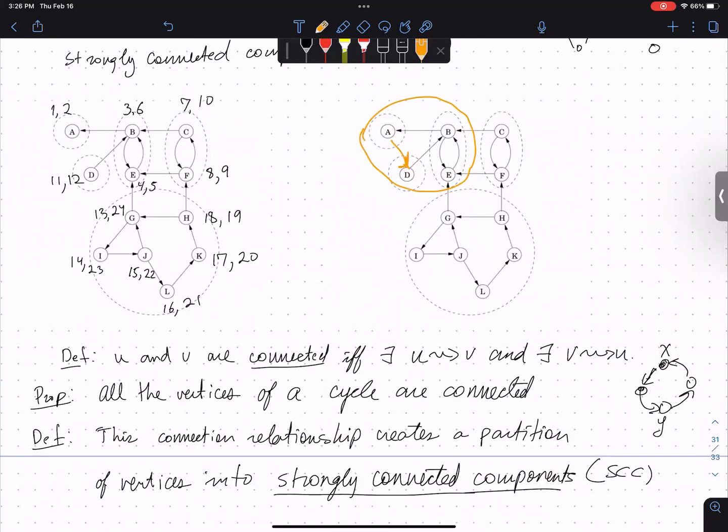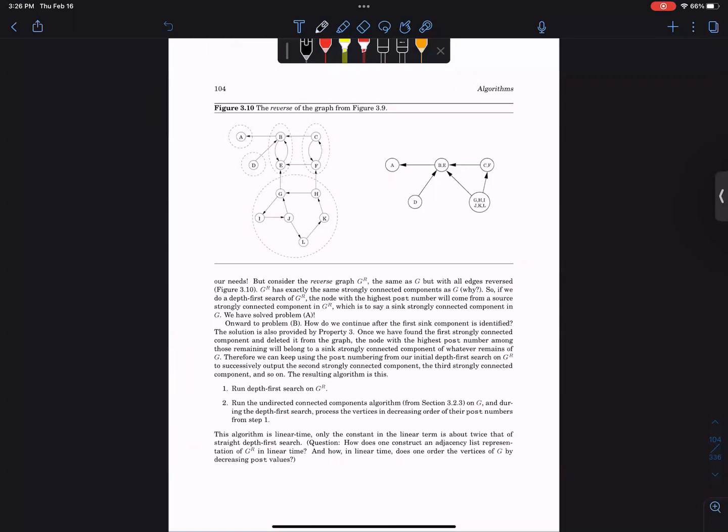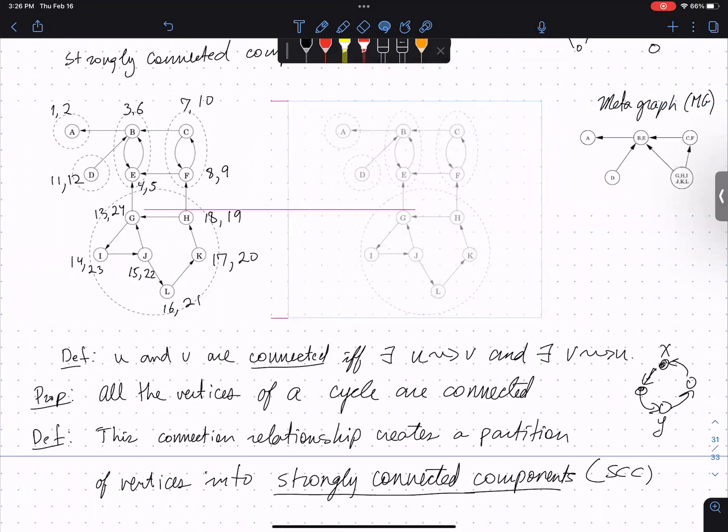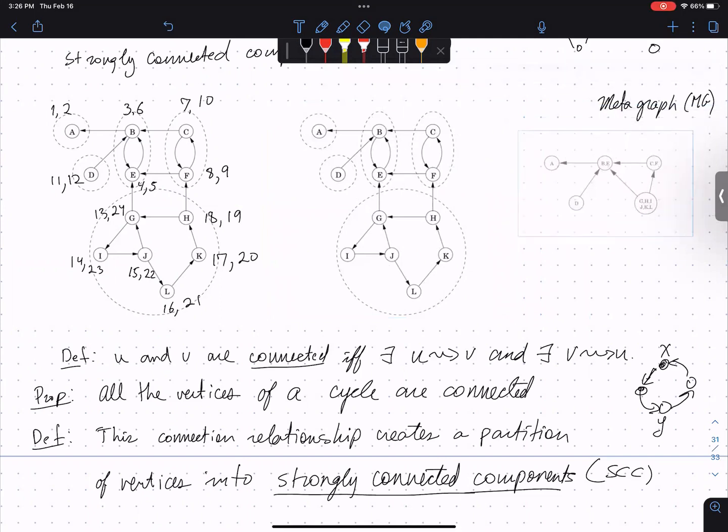Now, there is something called a metagraph. Metagraph. I'll write MG. And the metagraph is this guy. Let me copy it. Right, so this is the metagraph.